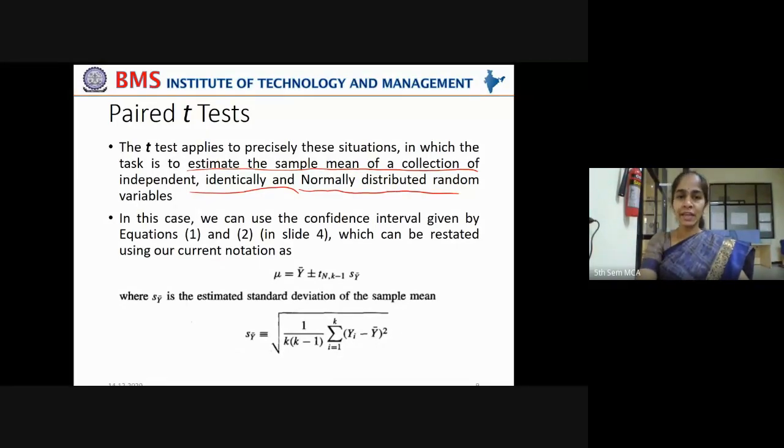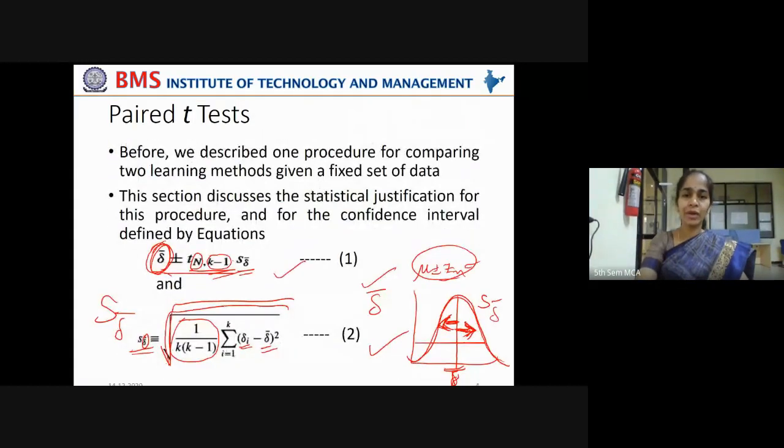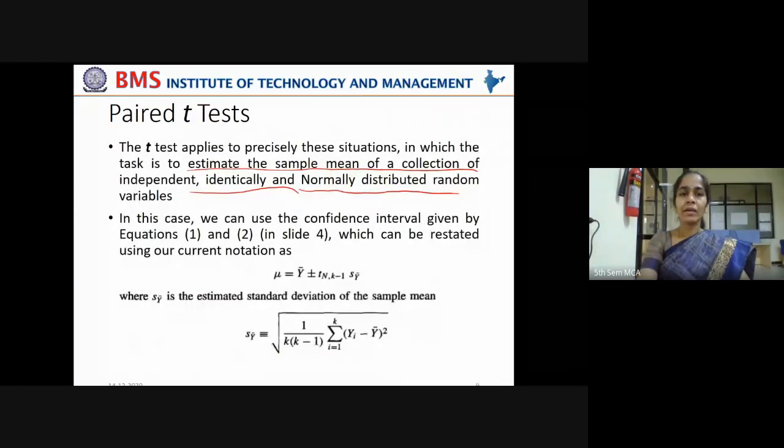Okay, so in this case, we can use the confidence interval given by equations 1 and 2. In slide 4, we have that, right? These equations 1 and 2 we can take, and they can be restated using our current notation as mu equal to y bar, the mean of errors here represented by y.